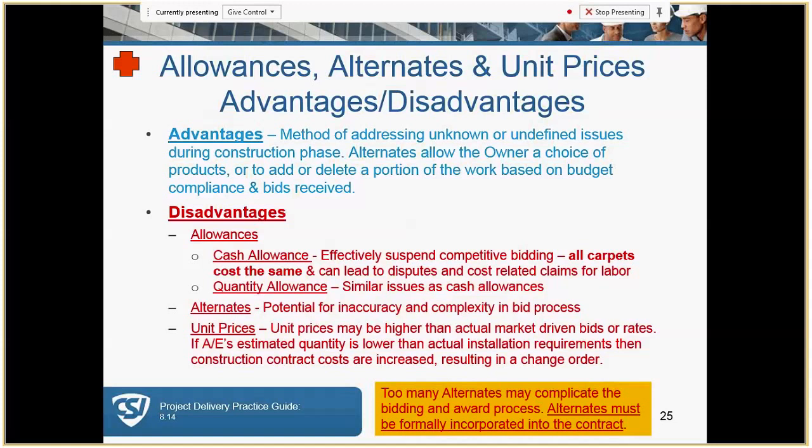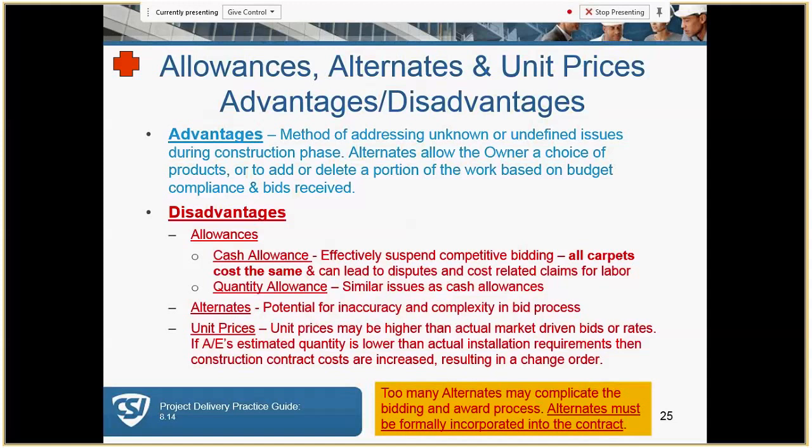The disadvantages: a cash allowance will suspend competitive bidding. A quantity allowance has similar issues to cash allowances. Alternates: there's a potential for inaccuracy and complexity in the bid process. And unit prices might be higher than the actual market.